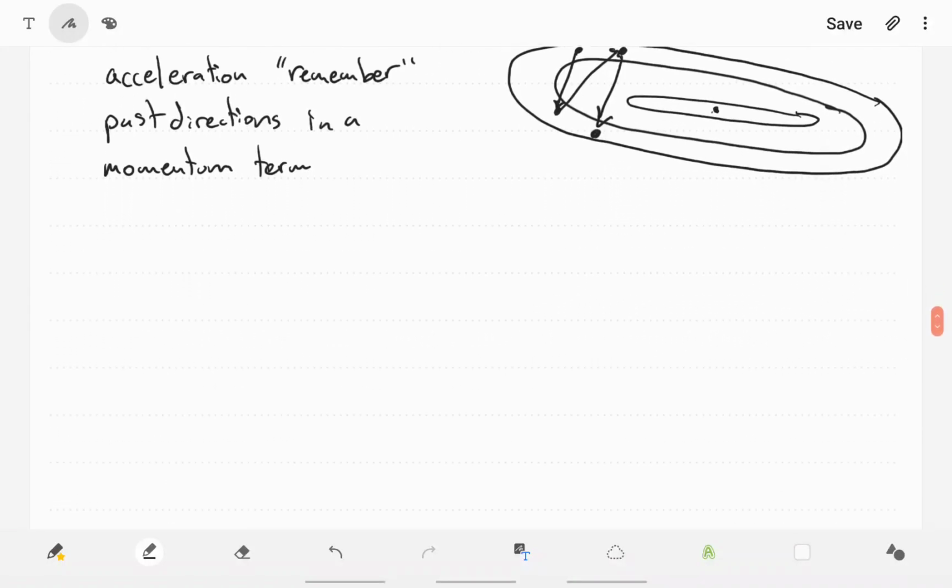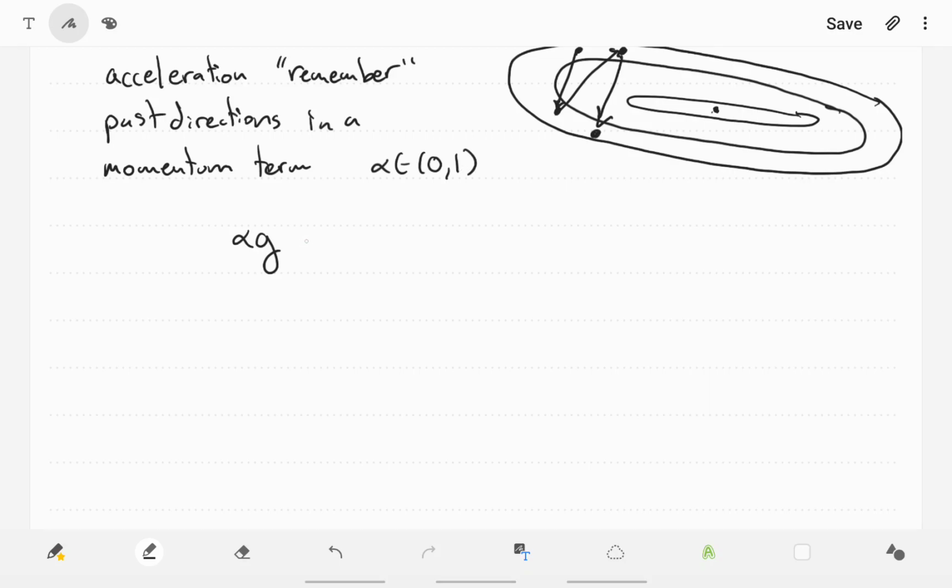So how are we going to do this? Well, let's take our current gradient G from a previous step, and multiply it by some number alpha, which is going to be less than 1. So we have alpha in (0, 1).